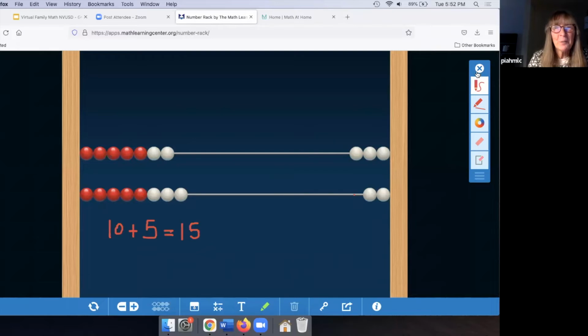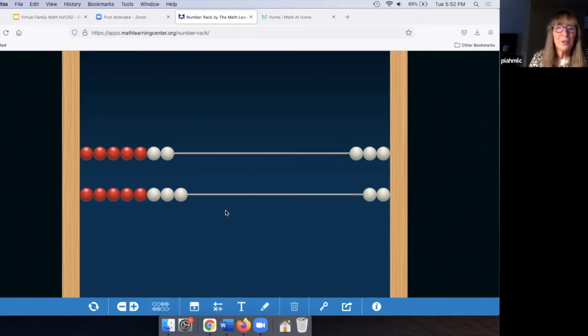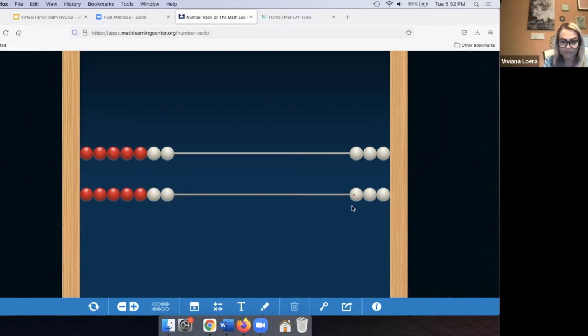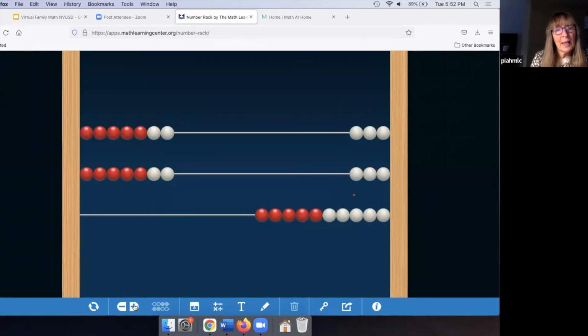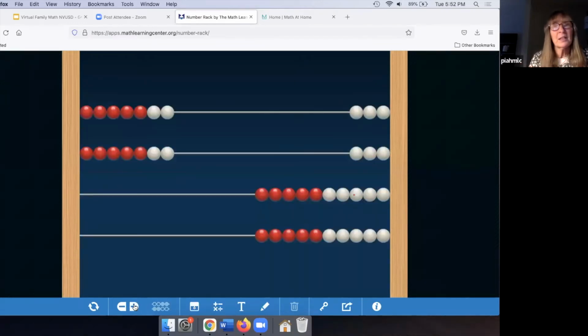So I want to show you, I mentioned earlier something about multiplication, and I love this app for that purpose. So this app will actually allow you to add rows. I was in a third grade classroom helping some children with multiplication facts.